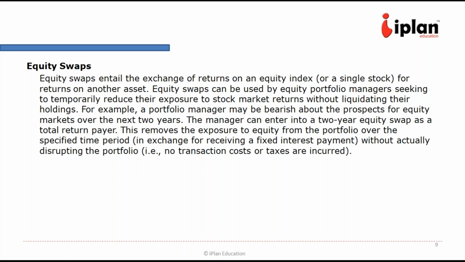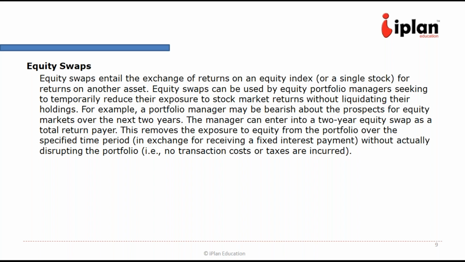So an equity swap can be used by equity portfolio managers seeking to temporarily reduce their exposure to stock market returns without liquidating their holdings. So they don't want to sell off their shares. They want to keep the shares with them, but at the same time, they can reduce the risk.